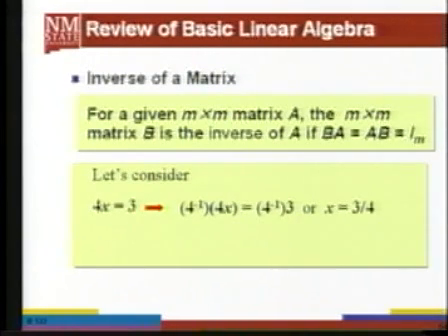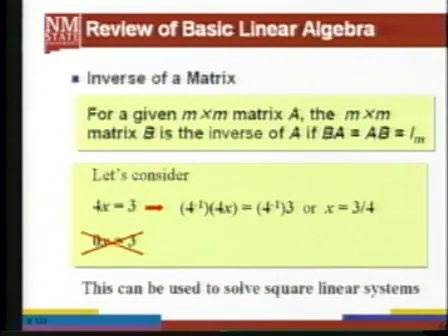So 1/4 times 4x equals 1/4 times 3, or x equals 3/4, right? Is that correct? And of course, this method fails to work for an equation like 0 times x equals 3, because 0 has no multiplicative inverse, right?